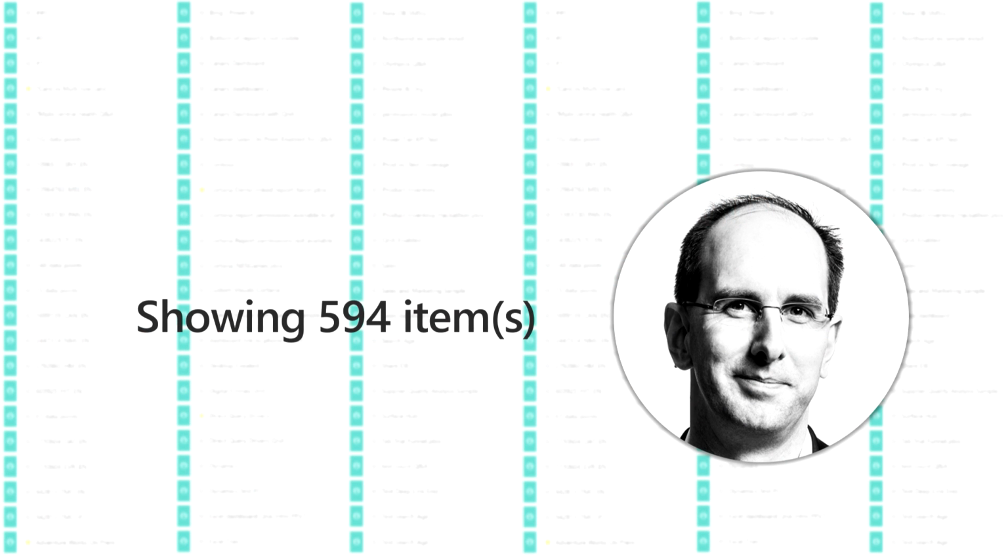So this screenshot simulates what executives and managers have in their Power BI workspace. In this example, you can see what Scott Guthrie, Microsoft Cloud and Enterprise VP, has in his workspace. So these are hundreds of dashboards that were shared with him.